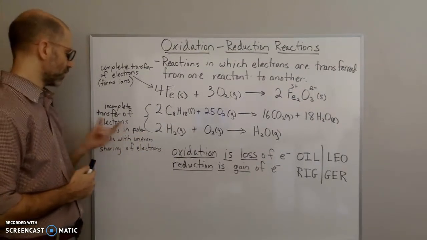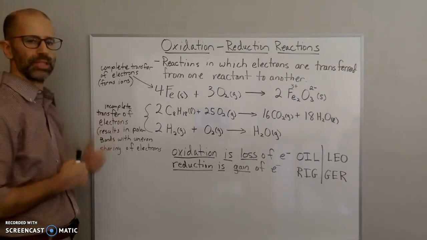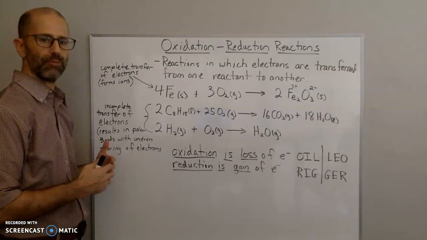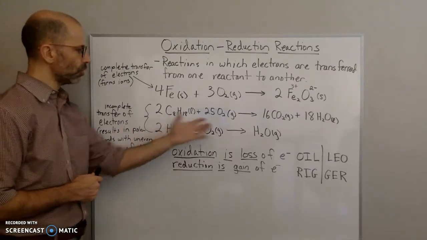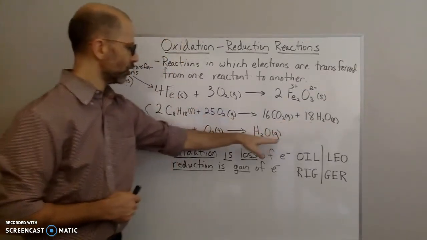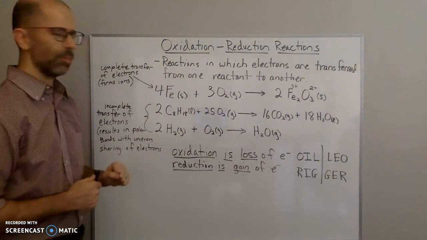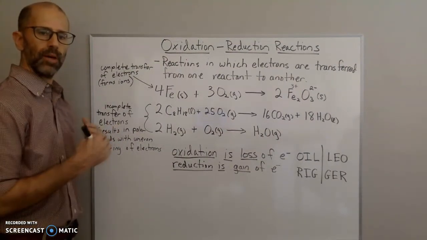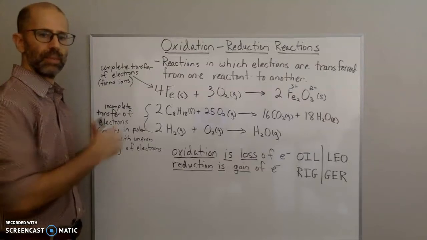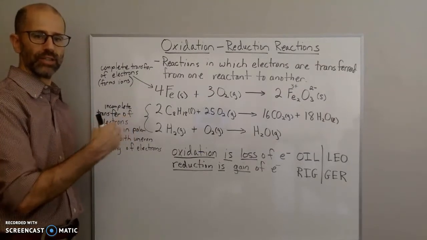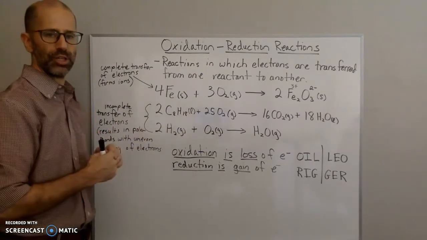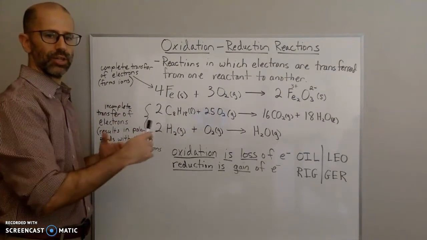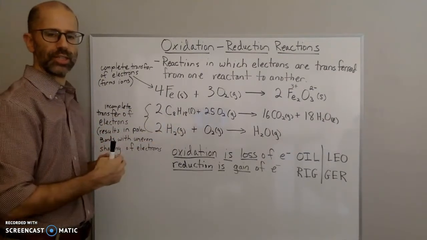What can also happen is what is referred to as an incomplete transfer of the electrons. You can form other molecular substances that share those electrons. So we have covalent bonds, but we're going from maybe a perfect sharing of the electrons to very uneven sharing of the electrons. So you get polar bonds, due to the difference in electronegativity.